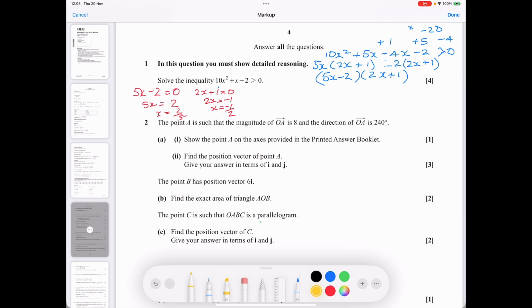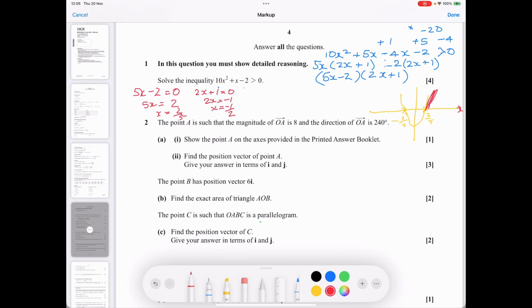And if we draw a little diagram of that, so that's x equals minus 1/2 there, and x equals 2/5 there. So that goes through there, obviously at minus 2. And it's going to be greater than 0, so all the area under 0 here is not right.